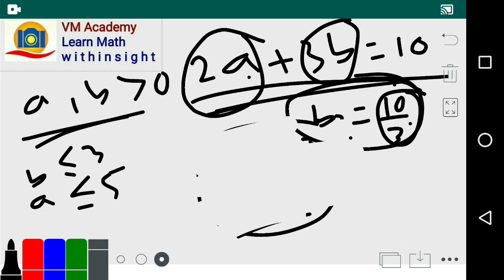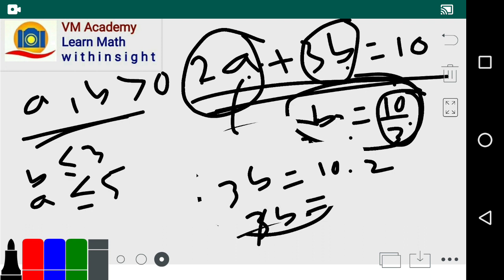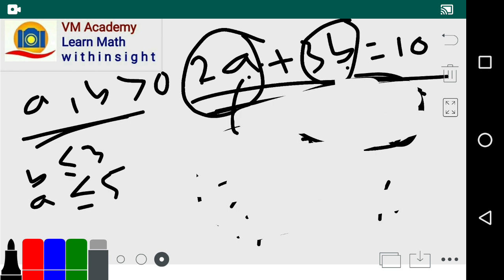Substitute a equal to 0, then we get b equal to 10 by 3, not integer. So let us substitute a equal to 1. So 2 into 1 becomes 2. So 3b becomes 10 minus 2, 8. But 3b equal to 8 implies b equal to 8 by 3. That is not integer. So let us leave it.